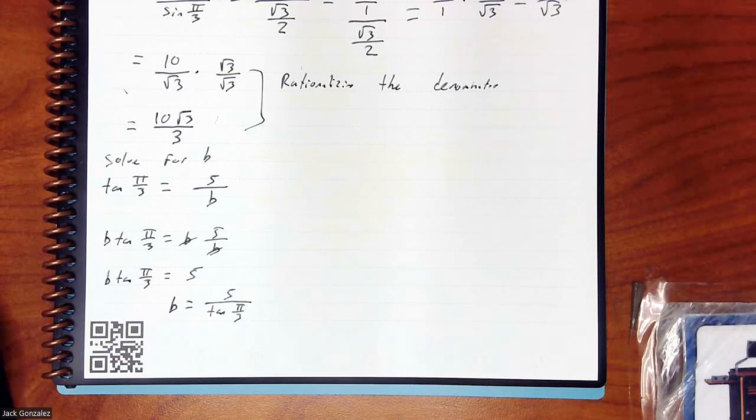Same as sine of pi thirds over cosine of pi thirds. Just divide them out, and you'll have tangent. So that will be what you said sine earlier was. So cosine has to be the other one. So we divide these, same deal, right? Flip it over, just multiply across.